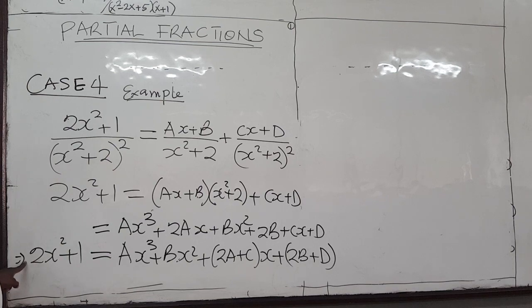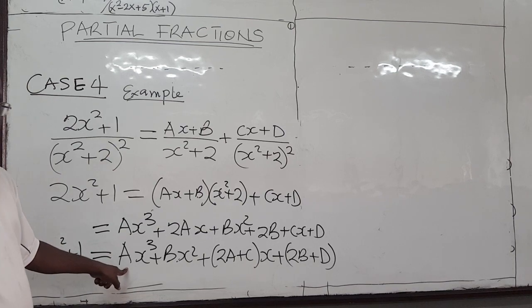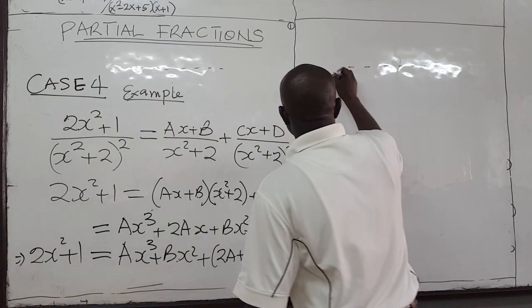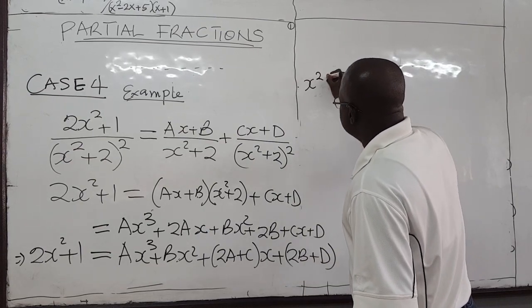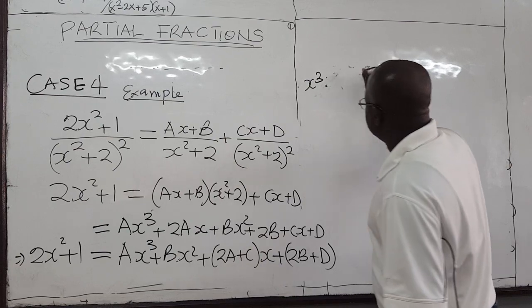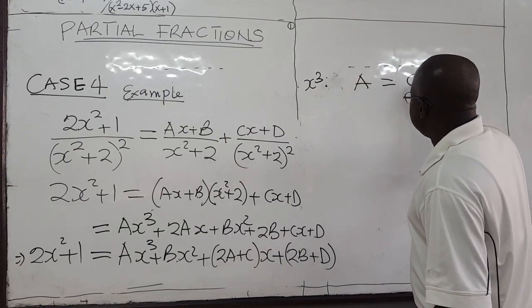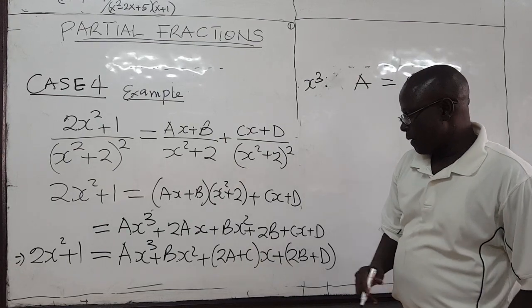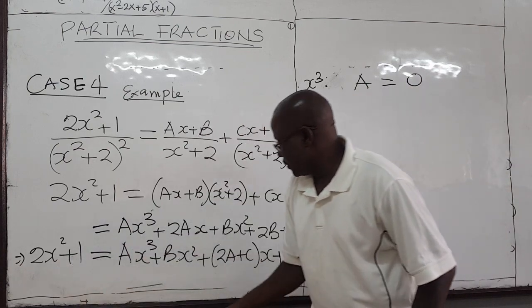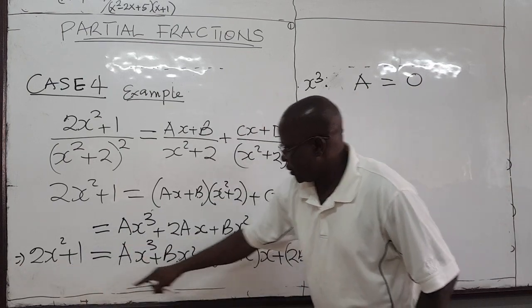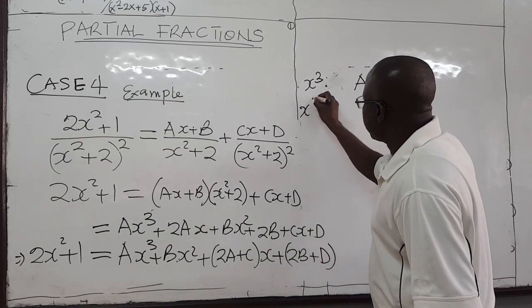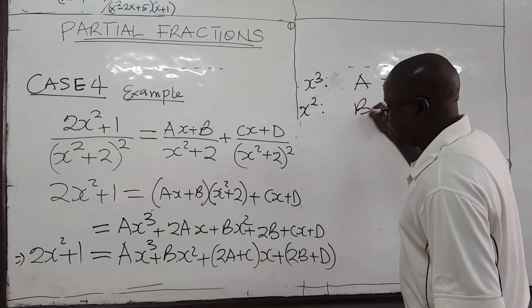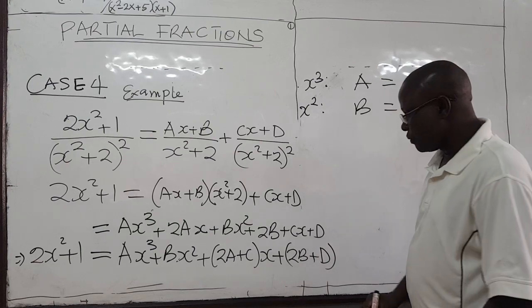There is no cubic term here, so a is equal to 0. So for the cubic terms, from there we can say that a is equal to 0. There is a square term here, so b must be equal to 2 if you compare them. So for the square terms, you see that b must be equal to 2.